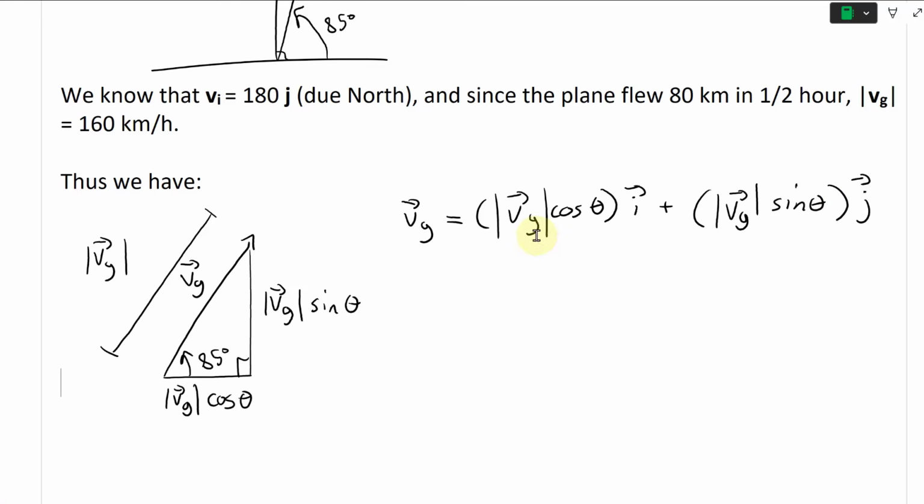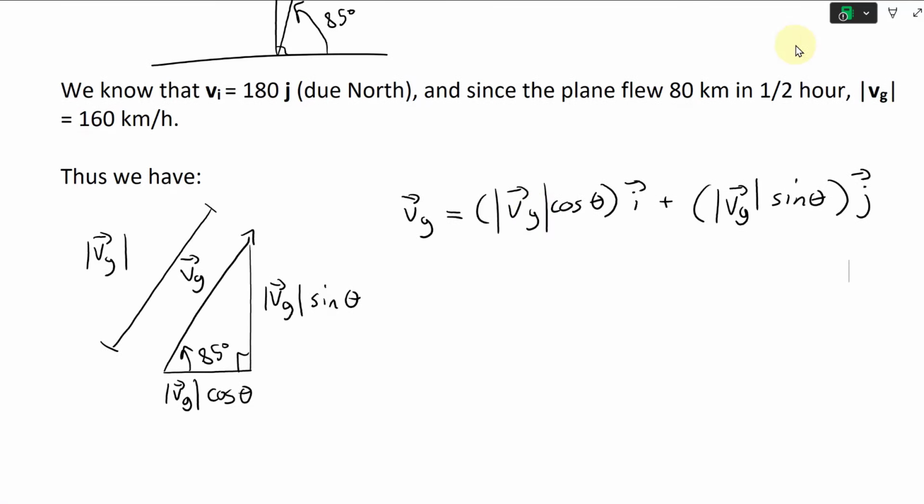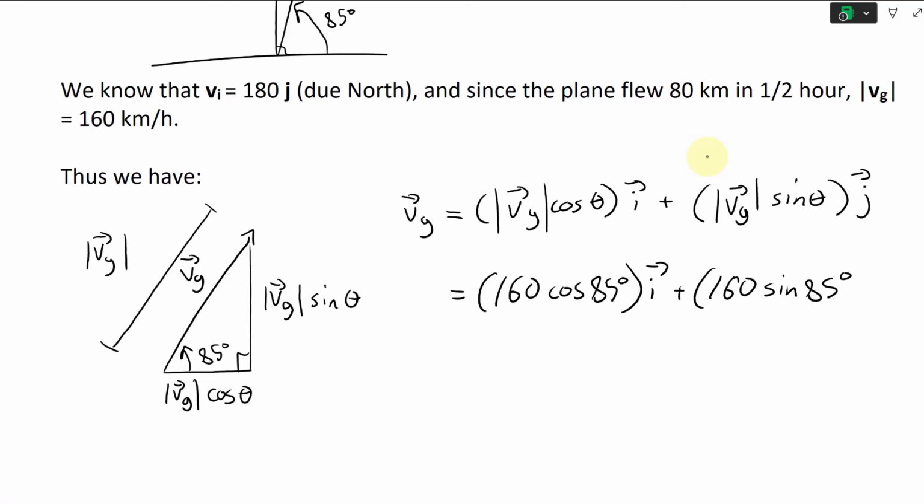And we know the absolute value of the ground velocity, that's just going to be the speed, so 160 kilometers, 80 times 2. So the i component is going to be 160 cosine 85 degrees, i plus 160 sine 85 degrees, and this is our j component.